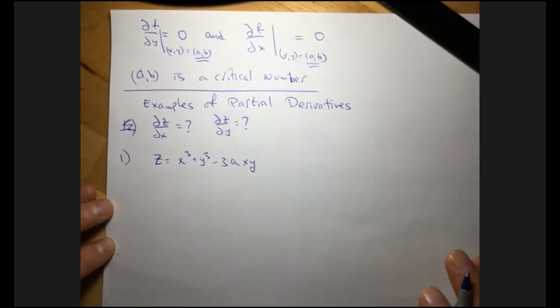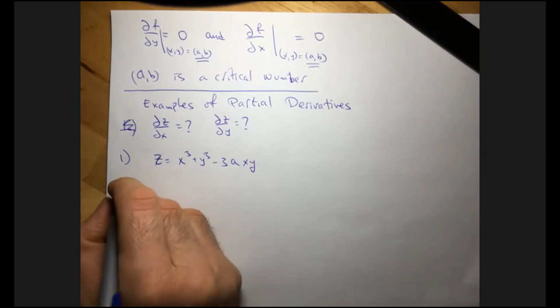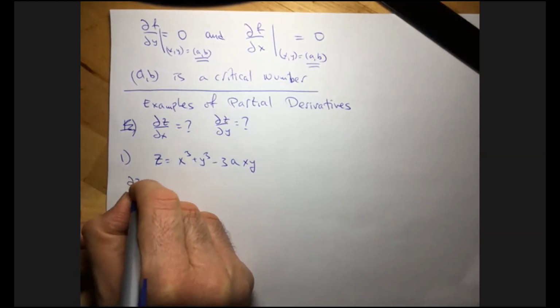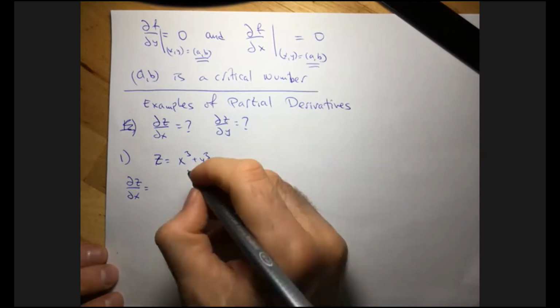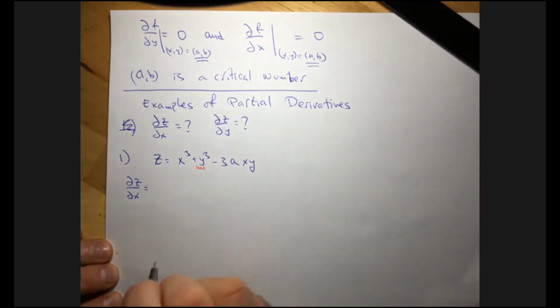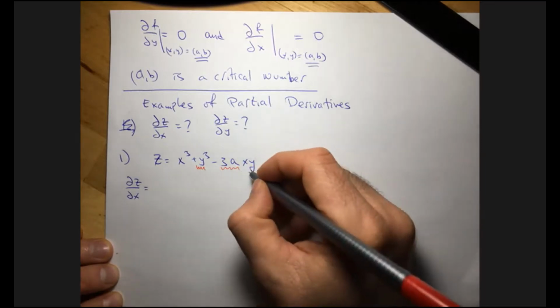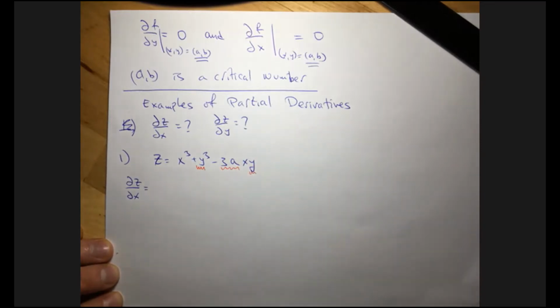First I'm looking for partial z partial x. So I treat every other variable as a constant. Negative 3a is a constant, a stands for a constant, it's not a variable, and y is a constant.